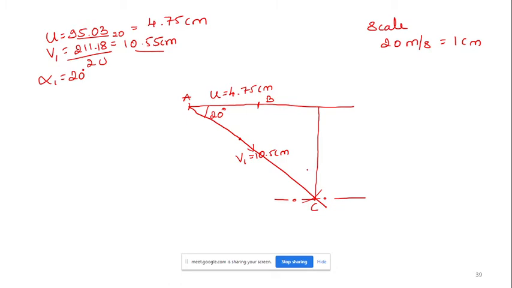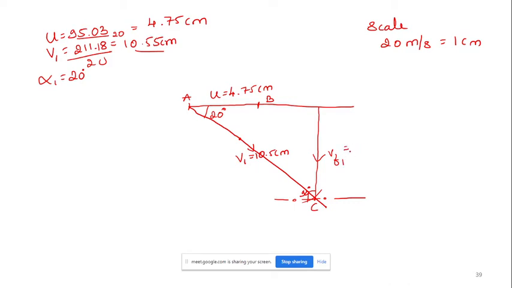Are you getting this one? From this point, measure 90 degree and produce it up to meet over here. We call this our VF1.